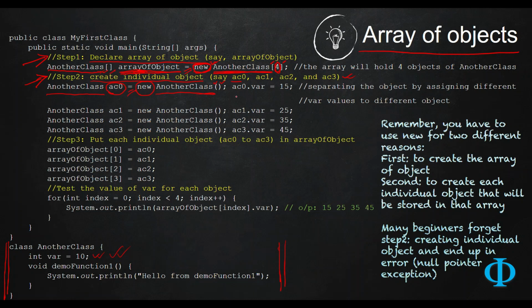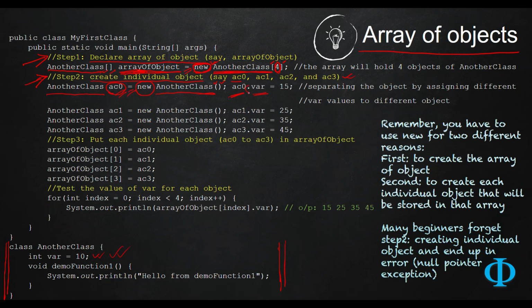And after creating this object, I have just changed the value of the var variable of this object, just for the sake of understanding. So here I have written AC0, which is the object name over here.